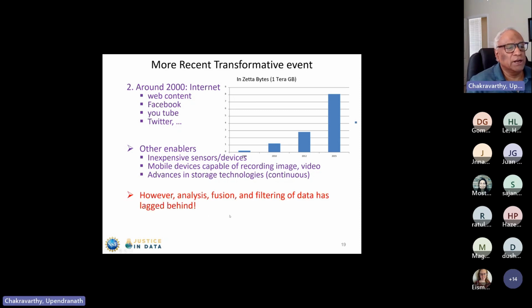However, analysis, fusion, and filtering of data has lagged behind. So producing data is relatively easy, but what to do with that and how to put it into good use is a different story. And this is what we are constantly struggling with. Today, every company thinks that the data they have is proprietary because they're sitting on a gold mine, but they don't know how to extract gold from that.